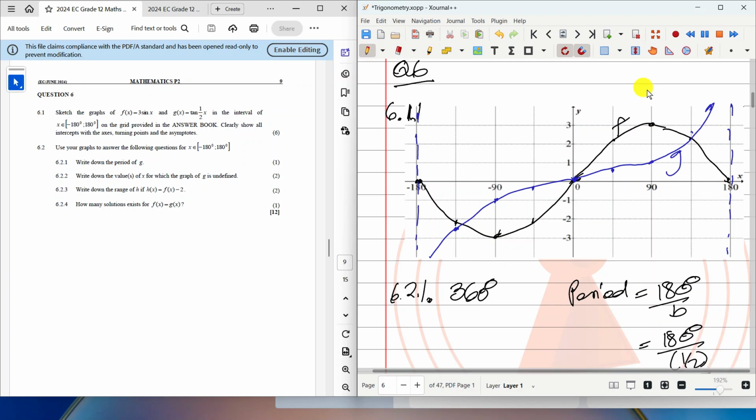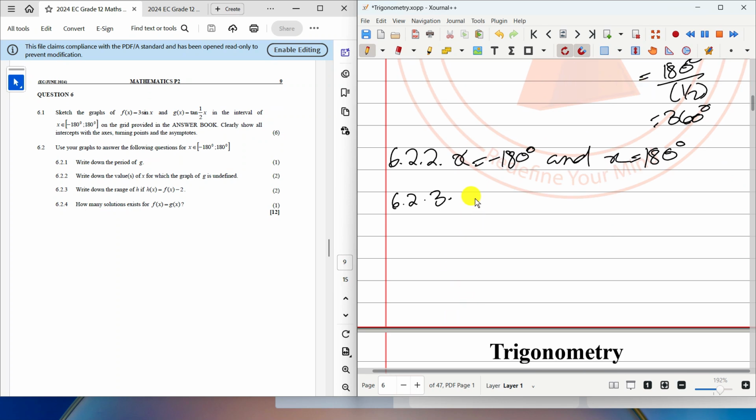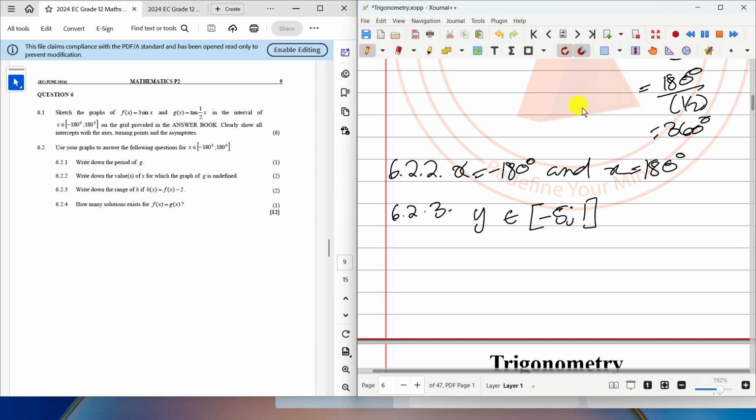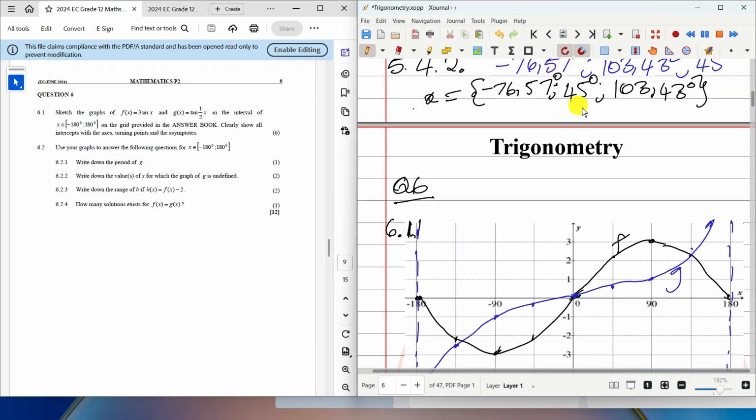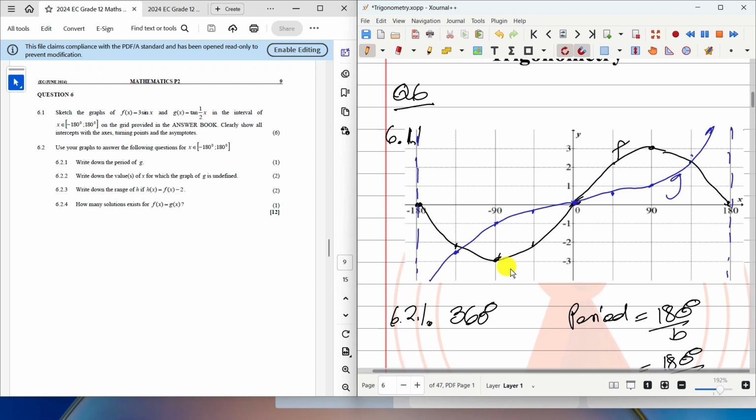So without any waste of time, your answer here would be y is an element of negative 5 included, positive 1 included. Remember we are saying f of x minus 2 means shifted 2 units down. So if you shift it 2 units down, it's going to be at 1, and even here, it's going to be at minus 5. All right, that is your range.